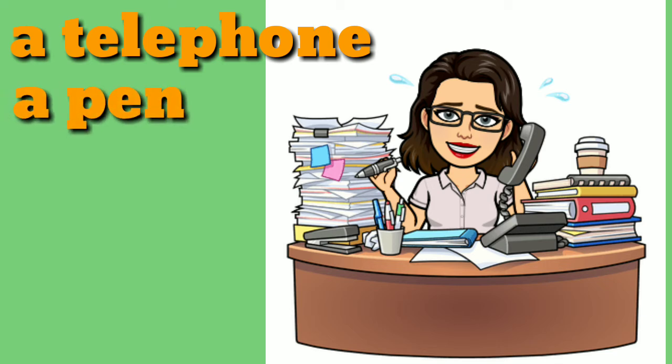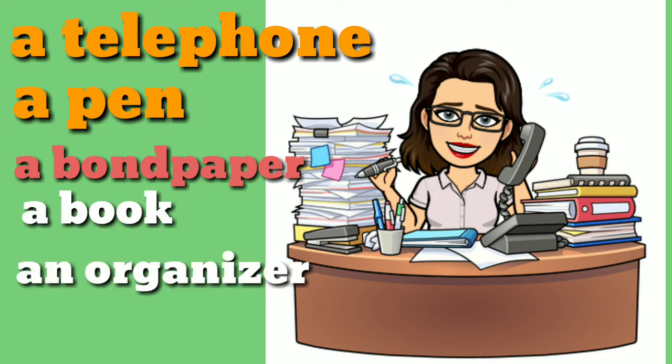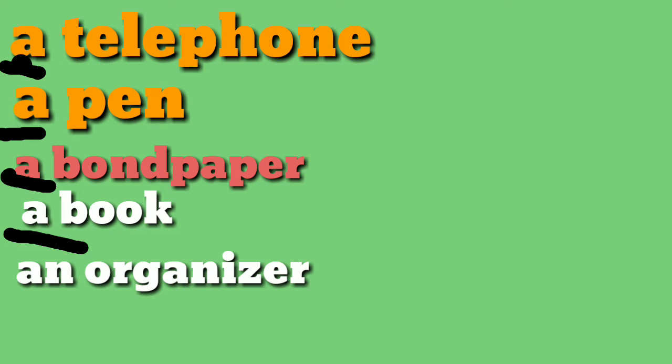We can see that there is a telephone. There is also a pen, a bond paper, a book, an organizer. So these things can be seen in the picture. We can see that the lady is holding the telephone and a pen.